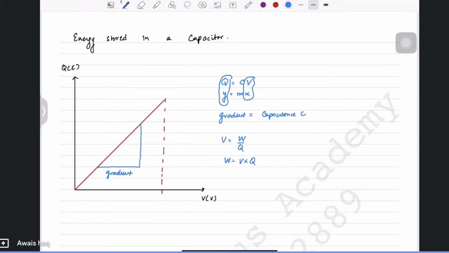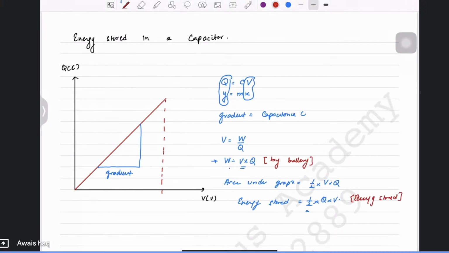Right now, if we find the area under the graph, it is going to be half times V times Q, and this is work done, so that means this is the amount of energy stored, which is half times Q times V. If you notice, there's a half here and there's no half here, so this is the work done by the battery, and this is the energy stored in the capacitor.